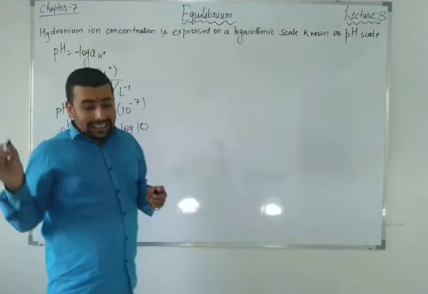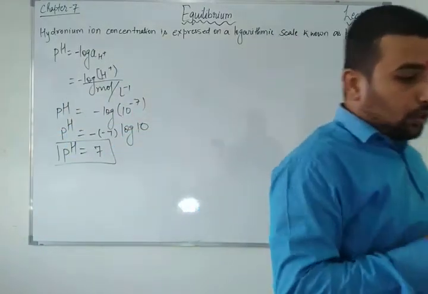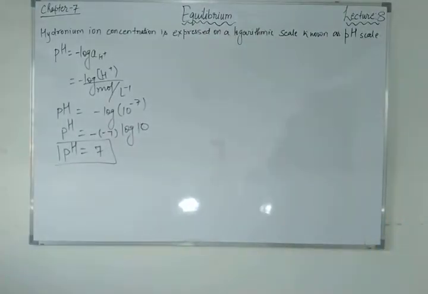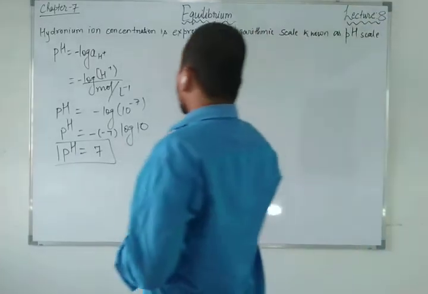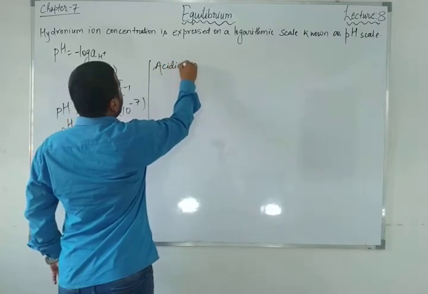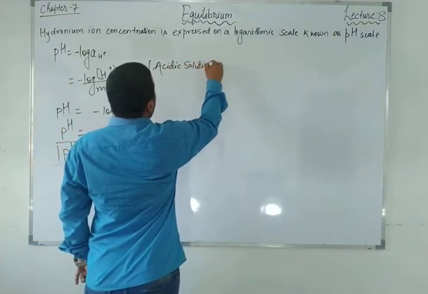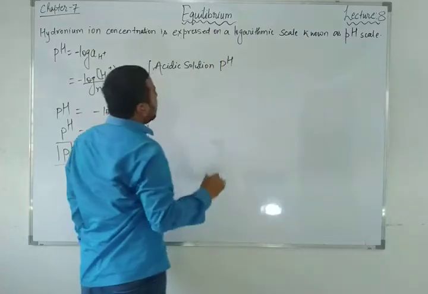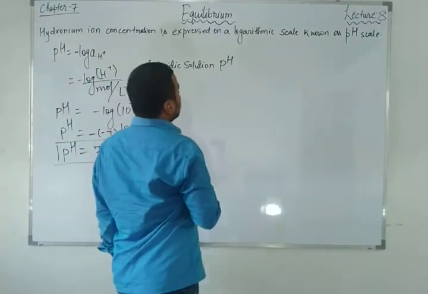So by this way, I hope that you know all these things very well. For acidic solution, basic solution, and neutral solution, do you know the values of pH? I hope you know. Acidic solution pH value, can you tell me, is it less than 7 or greater than 7?